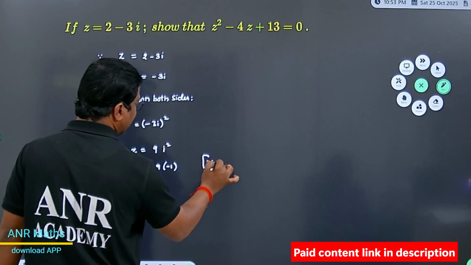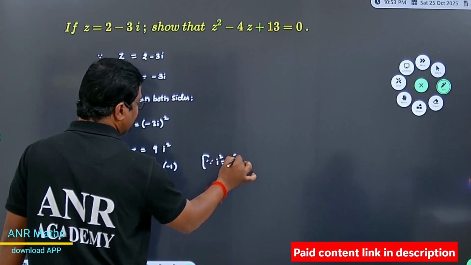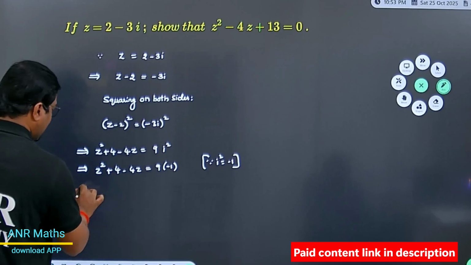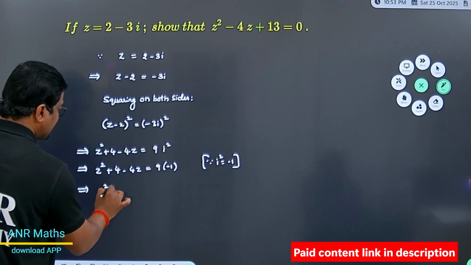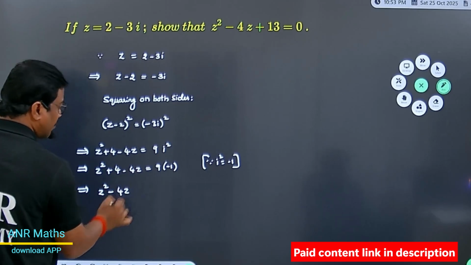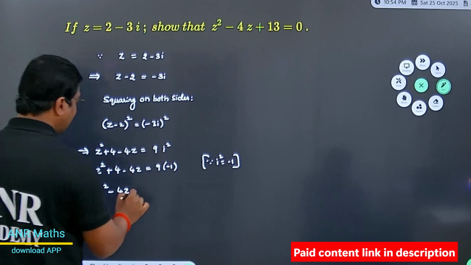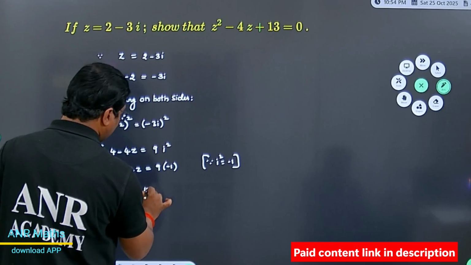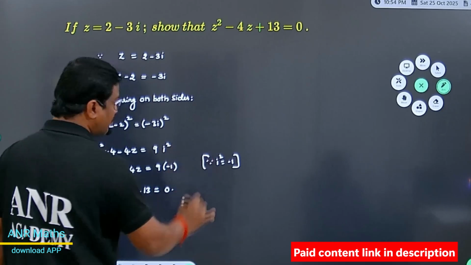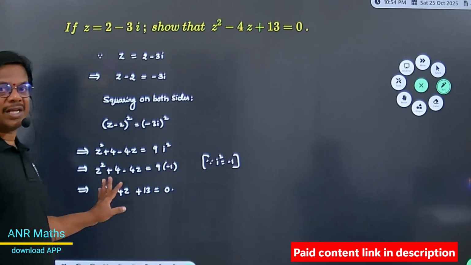Why? Because iota whole square is minus 1. On simplification it is z square minus 4z, transfer minus 9 into the left part, then we get plus 13 equal to 0. Let us move to the next question.